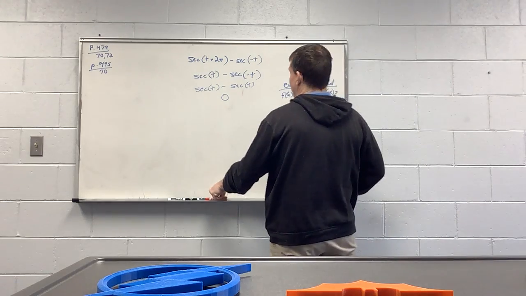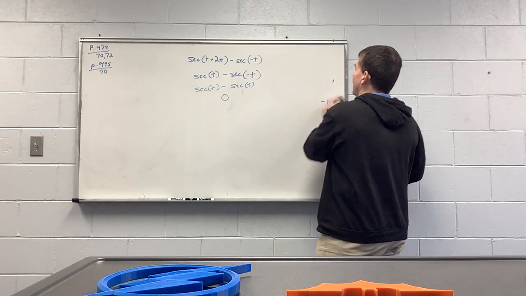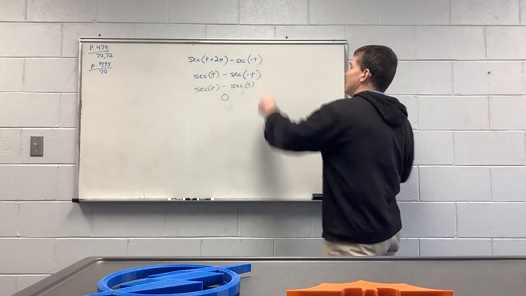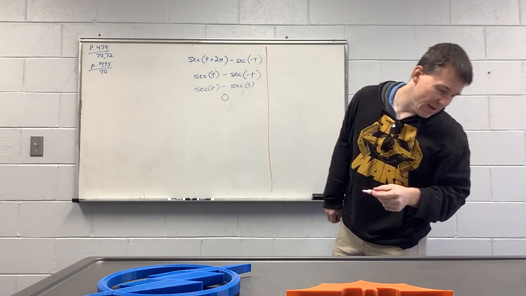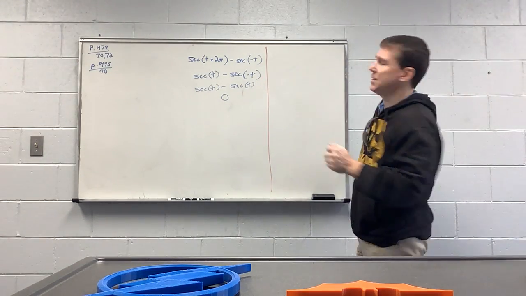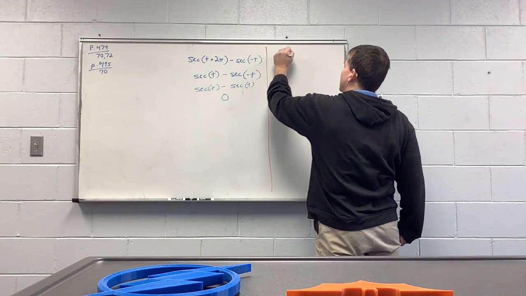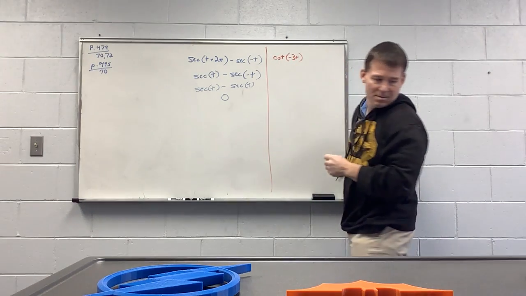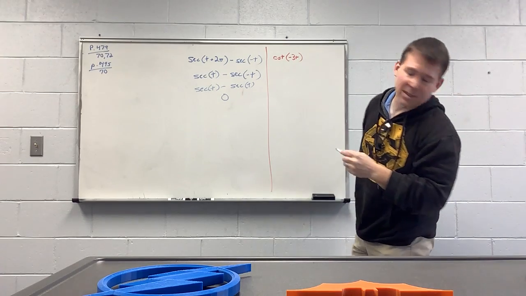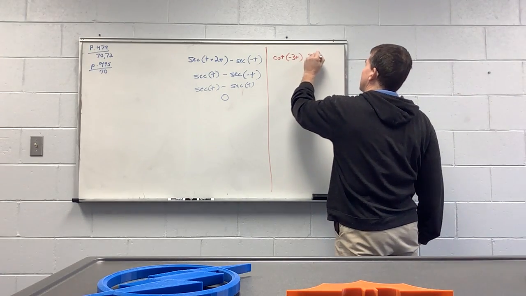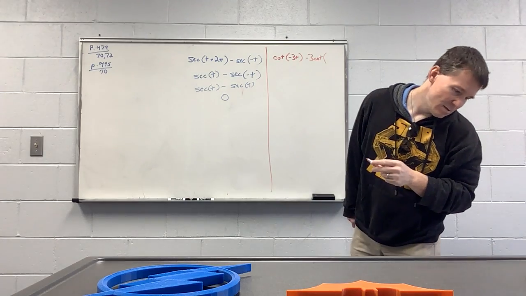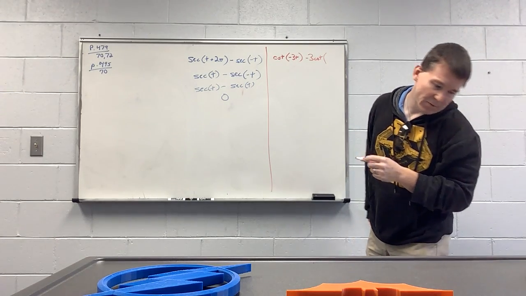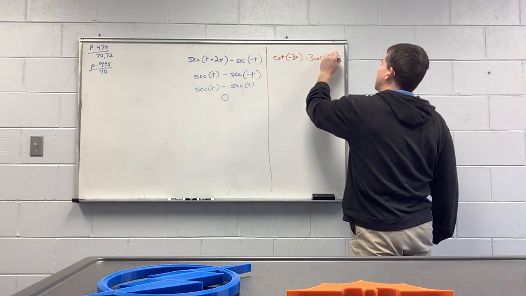The second one, number 72. We have cotangent of negative 3t minus 3 cotangent of 3t plus pi.